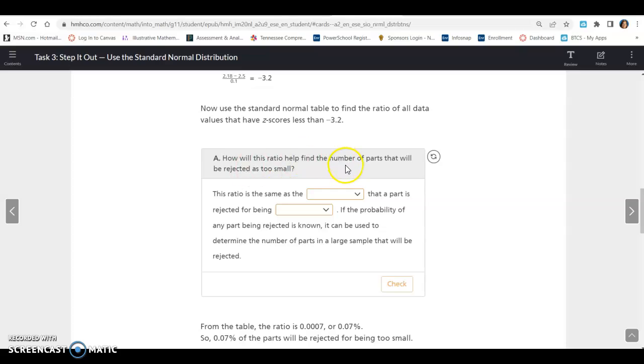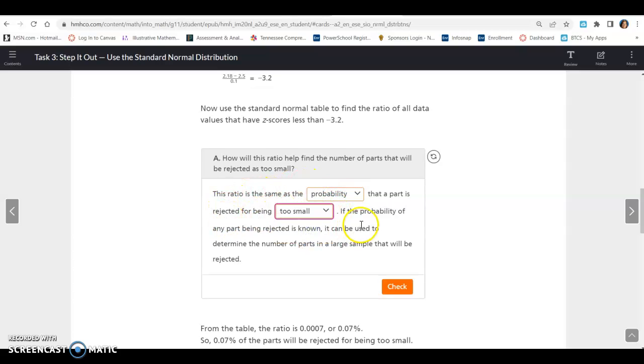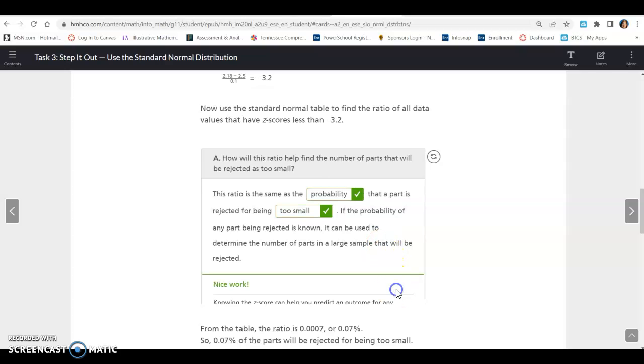So it says how will this ratio help find the number of parts that will be rejected as too small? So the ratio is the same as the probability that a part is rejected for being too small. If the probability of any part being rejected is known, it can be used to determine the number of parts in a large sample that will be rejected.